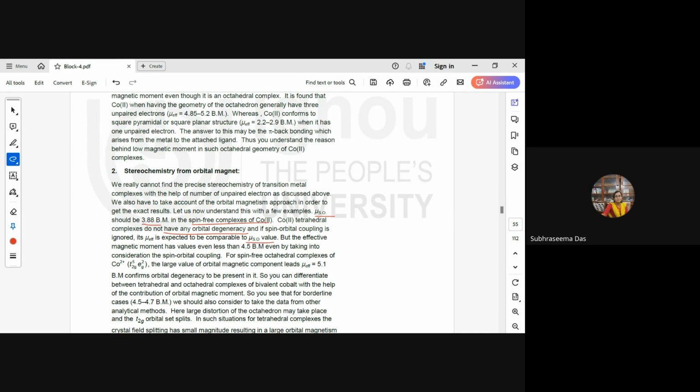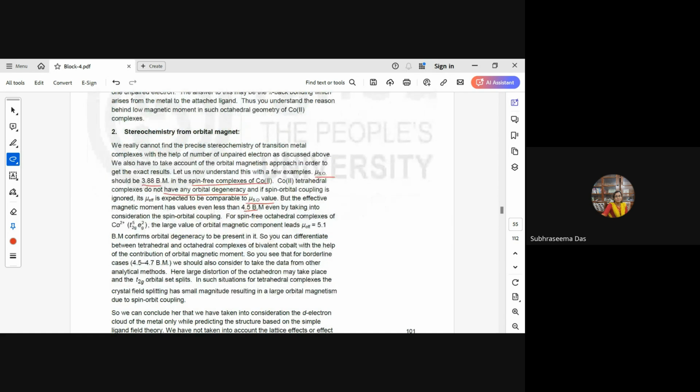But when experiments have been done, the effective magnetic moment has been found to be 4.5. Particularly for d5 complexes, the large value of orbital magnetic moment leads to values found to be 5.1.